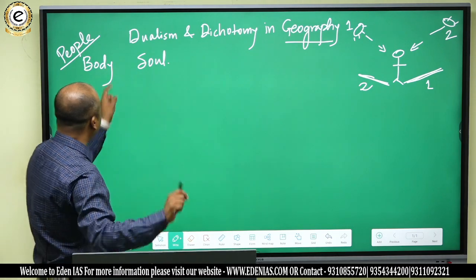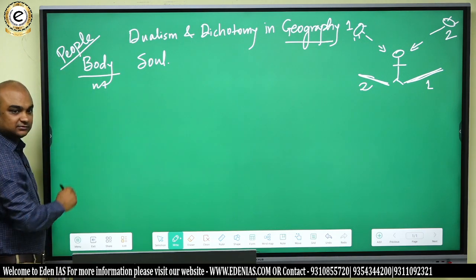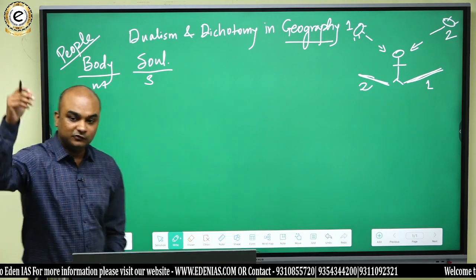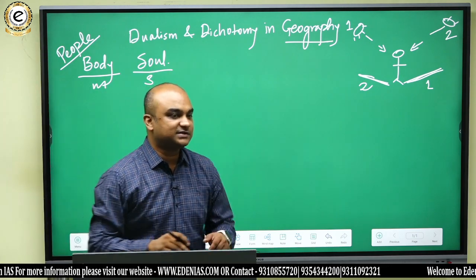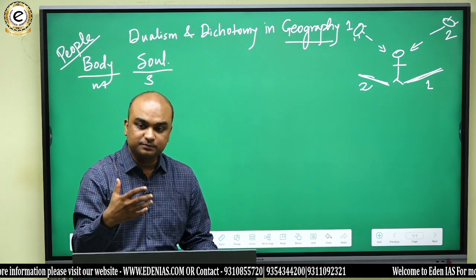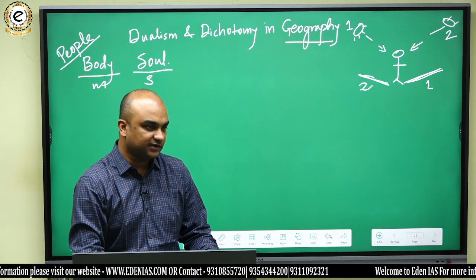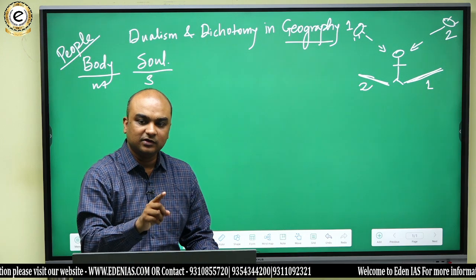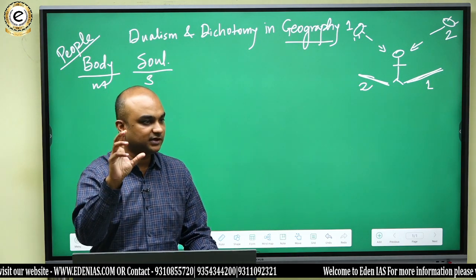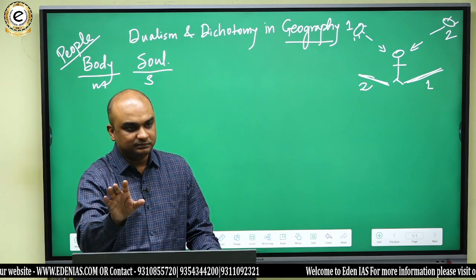Now, this kind of mindset is more materialistic. Can you understand that? Whereas this is more spiritualistic. If you go to Western philosophies, the Western world is more materialistic in nature, whereas the Eastern world is more spiritualistic in nature. Got it? But they are all talking about human existence or how man should survive. That is dualism. Do you get that? So do you understand the meaning of the word dualism?